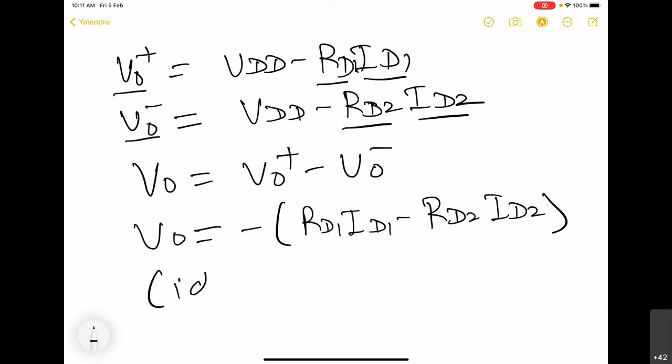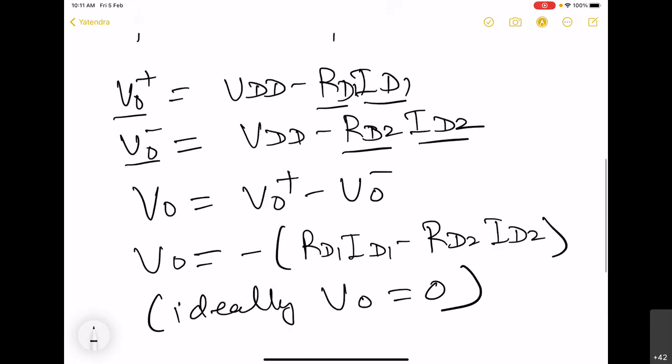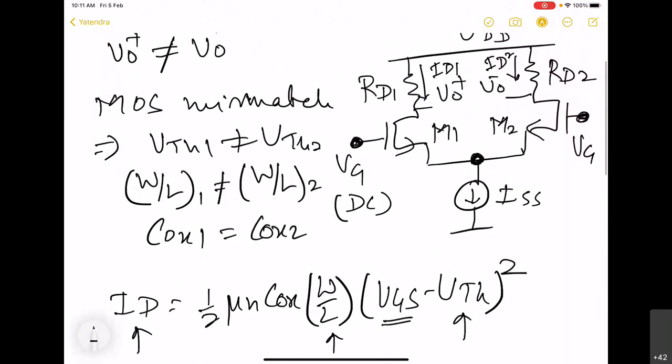So ideally this DC offset should be 0, but this will not happen in real life. So now we are going to estimate what should be the additional DC we should supply at the input so that the DC offset is equal to 0.